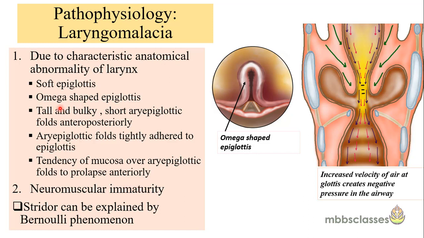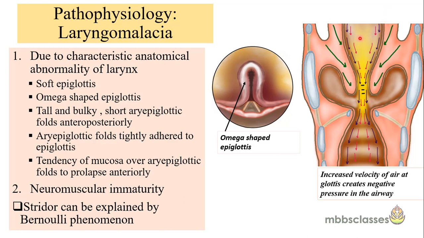So the basic thing is that the anatomical abnormalities and the neuromuscular immaturity lead to the stridor. But the stridor can be explained very well by Bernoulli's phenomenon. If you remember from physics classes, Bernoulli's phenomenon states that when a fluid or a gas is in motion, the pressure exerted on the wall of the airway decreases as the velocity of the gas increases. This is what happens in a case of laryngomalacia.